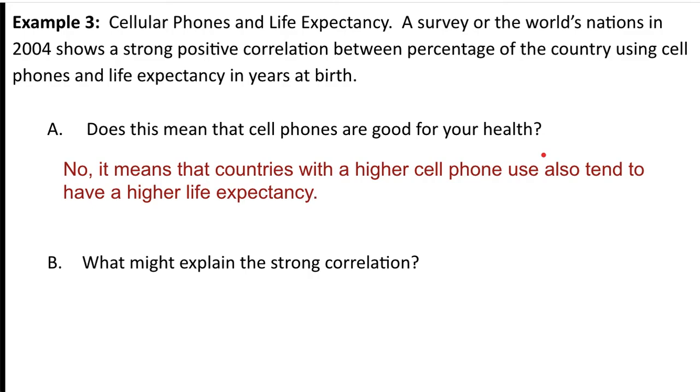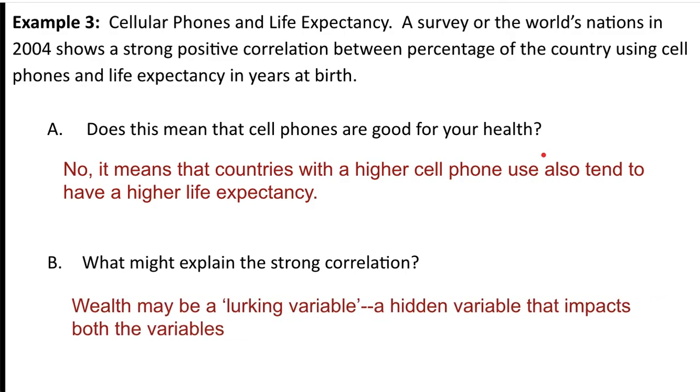And then here's where you need to put your analytical skills on. Stats is about really honing these analytical skills. What possible variable might explain this strong correlation? So there's not one right answer here. You may think of something else, but something that pops in my mind would be wealth. For instance, those that can afford to own a cell phone, because there's quite a cost associated with that, may have more wealth.